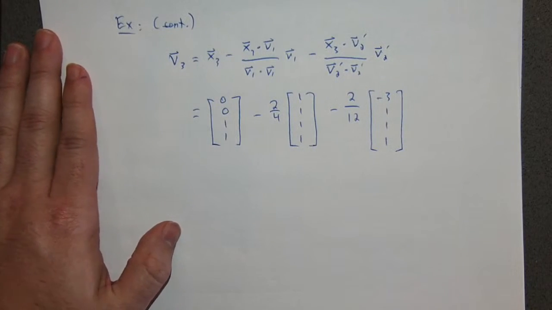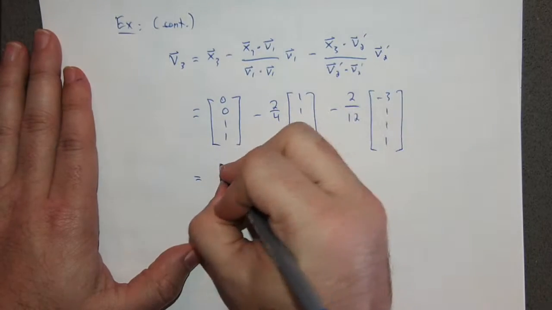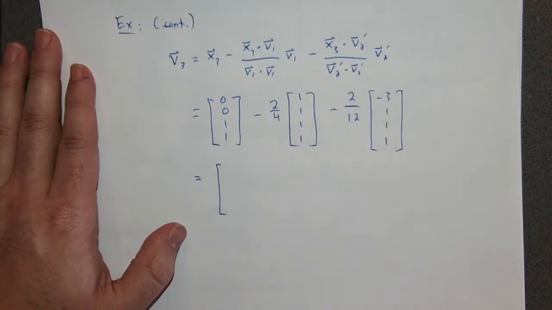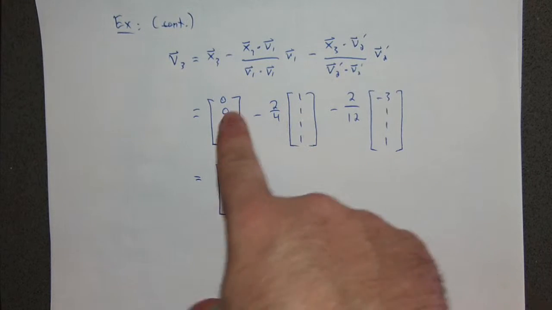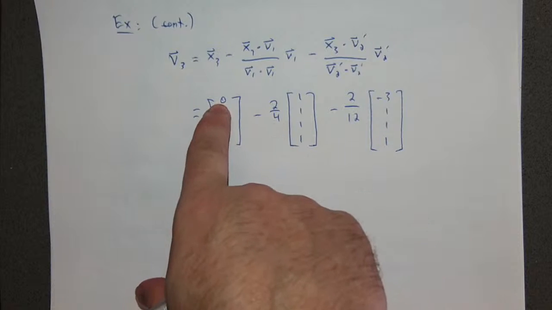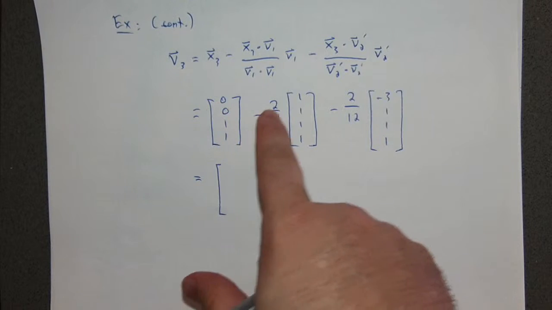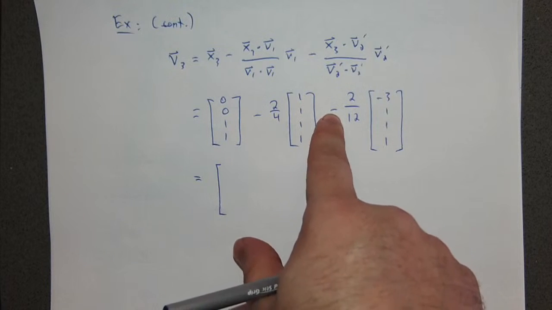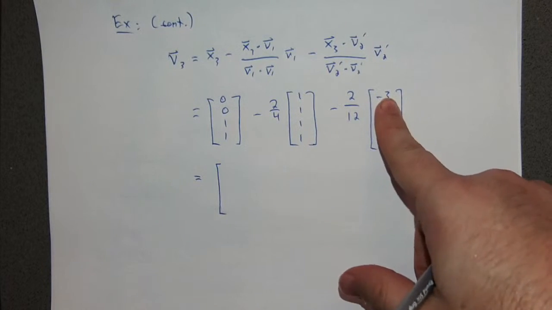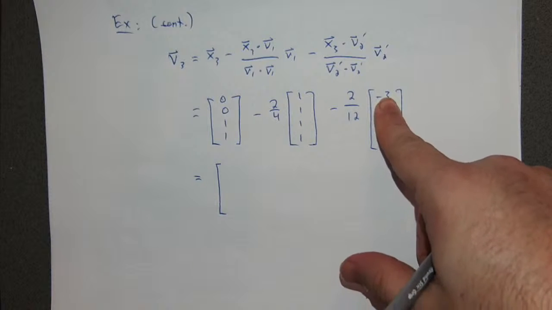Okay, and carrying out this entire process, what is this? Let's see. So this is 0 minus 1/2 minus 1/2. So that is just 0.